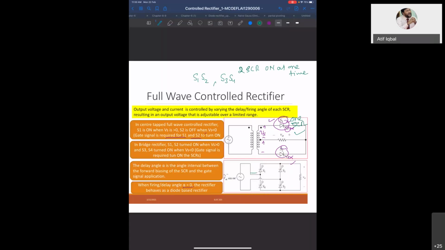You see, when S1 is on and S2 is on, current flows like this. And when S3 and S4 are on, this will be negative and this will be positive. Then this will be on and this will be on, so current will flow like this.